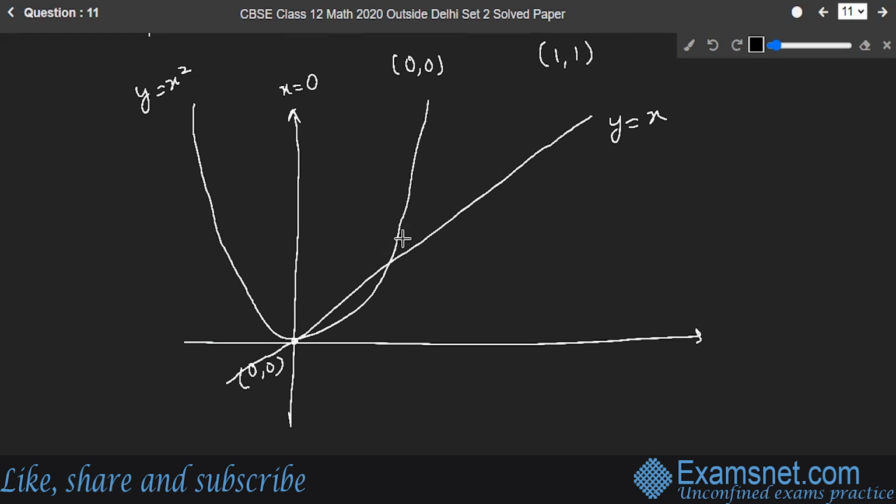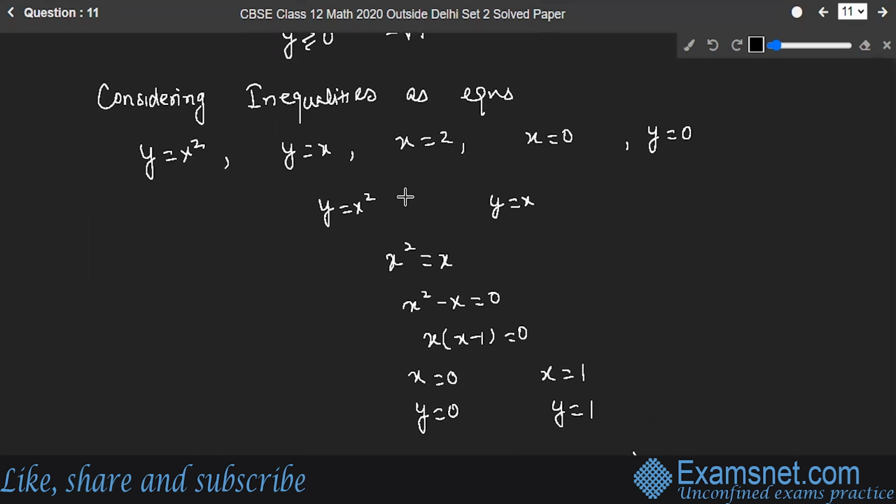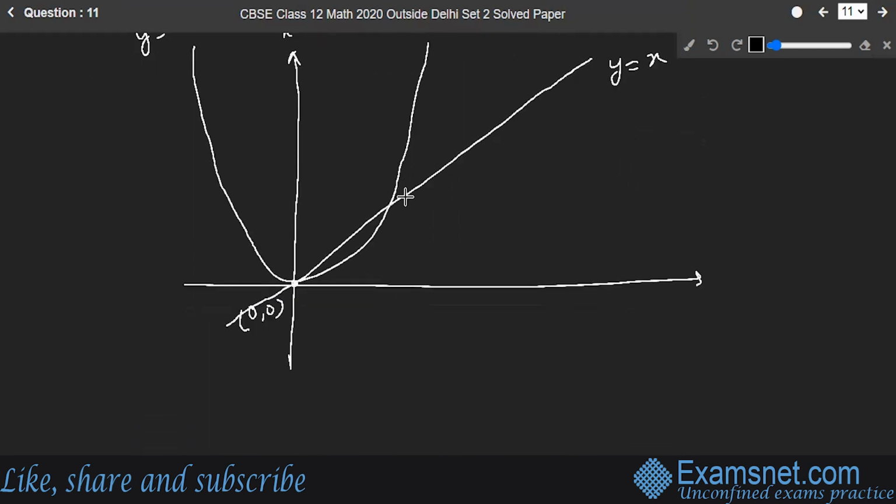Now we had x is equal to 2, so let's say this is the line x is equal to 2. This is the point O, and this is the point of intersection.